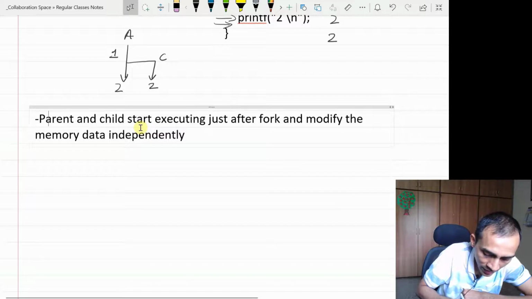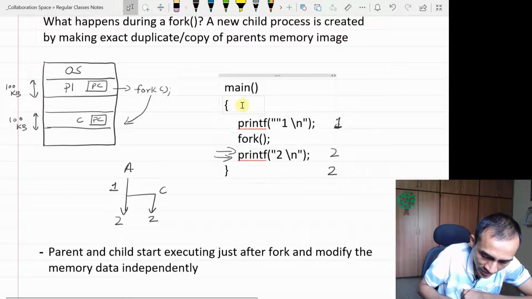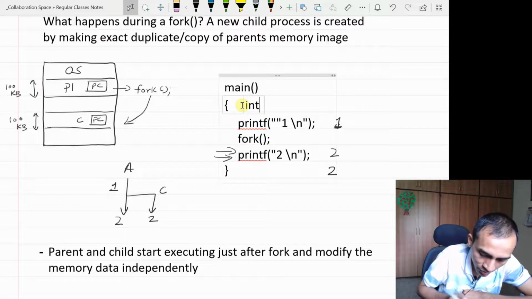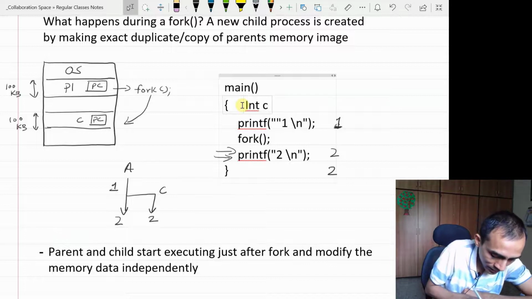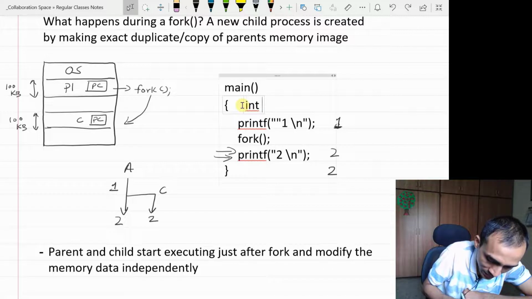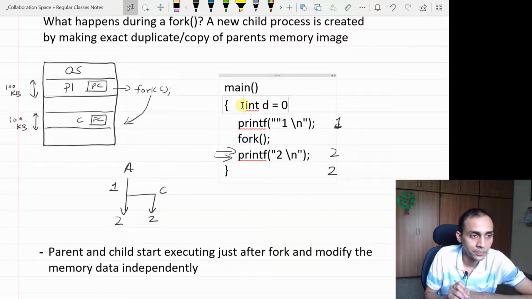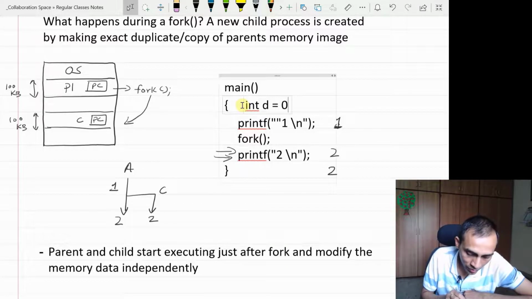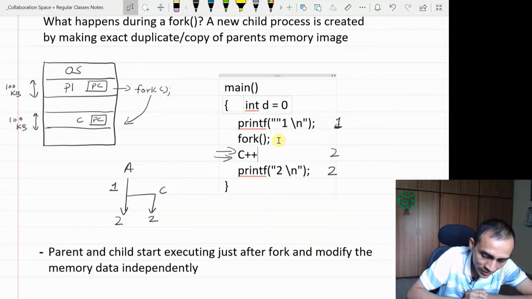Let us say you had a variable int D equal to 0, and after fork you do D++ or so on. There will be a separate D variable for process A, and a separate copy of the D variable for process C. Initially, before fork, both will have the value of D as 0.